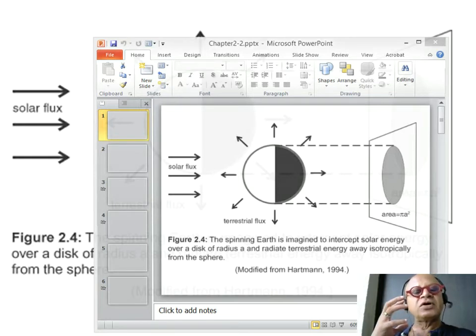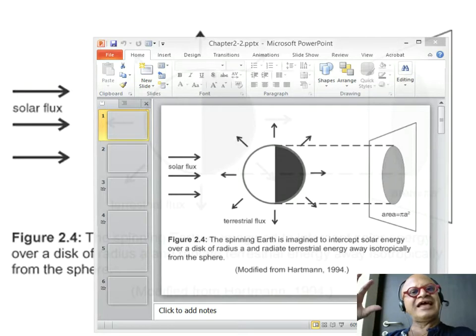So if we want to consider the whole planet, then the first thing is to see how much solar energy is received. What is that determined by? Basically, the sun is fairly far out, 150 million kilometers, so the rays are parallel by the time they reach Earth. And Earth is a sphere.